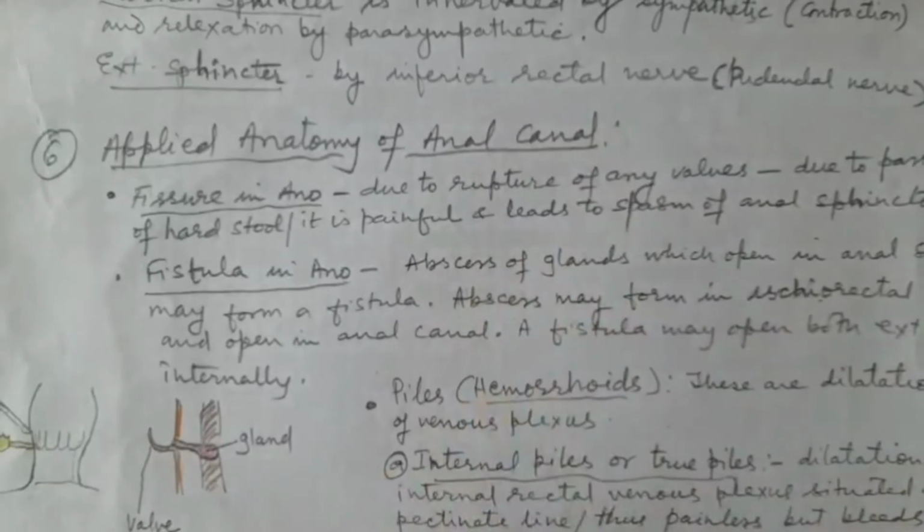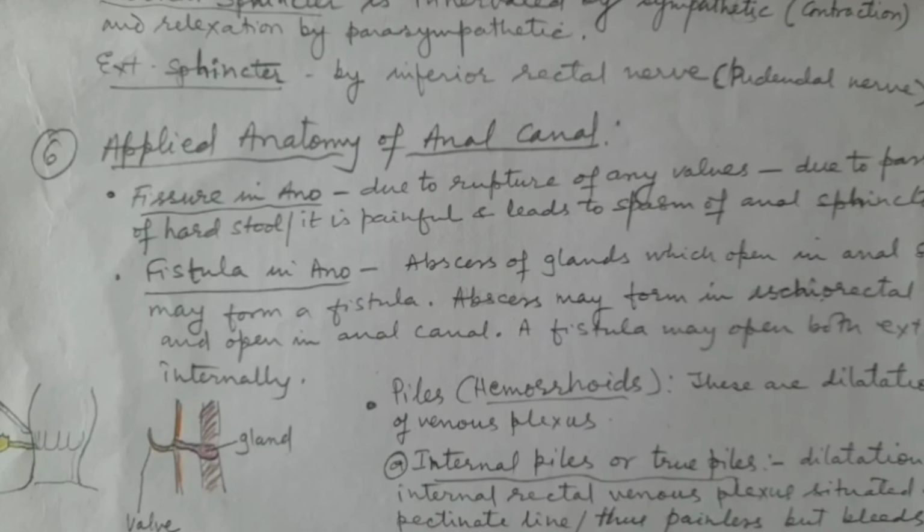It is supplied by the sympathetic nerve, L1 and L2 from the spinal cord, and this sympathetic is responsible for contraction of the smooth muscle. So the internal sphincter always remains in contractile condition except during defecation, when relaxation is provided by the parasympathetic nerve, S2 to S4.